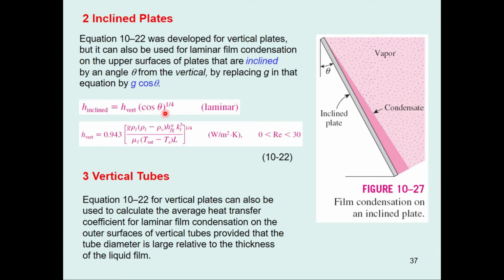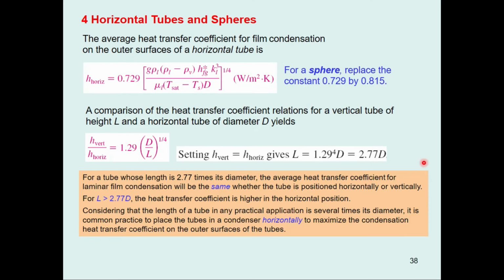For vertical plates or vertical tubes, you can also use this to calculate the average heat transfer coefficient for laminar film condensation on the outer surfaces of the vertical tube, provided that the tube diameter is large relative to the thickness of the liquid film. Now let's discuss the determination of the convective heat transfer coefficient for horizontal tubes and spheres.